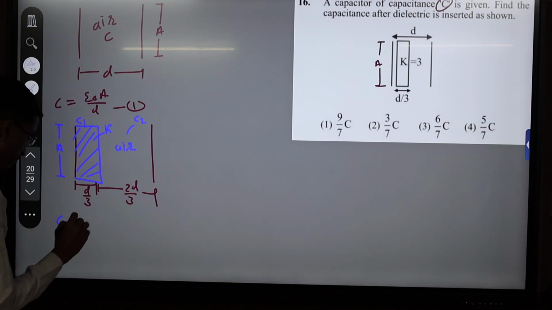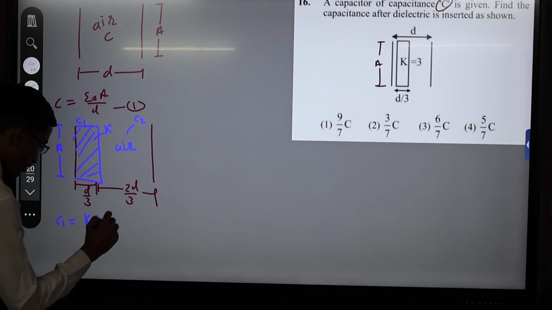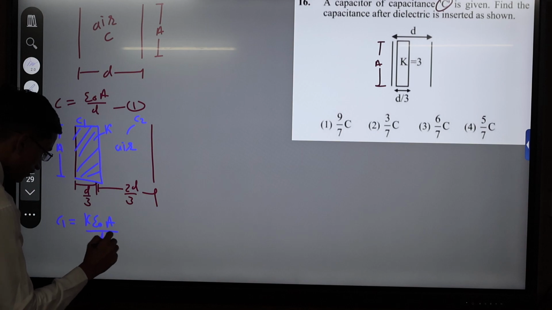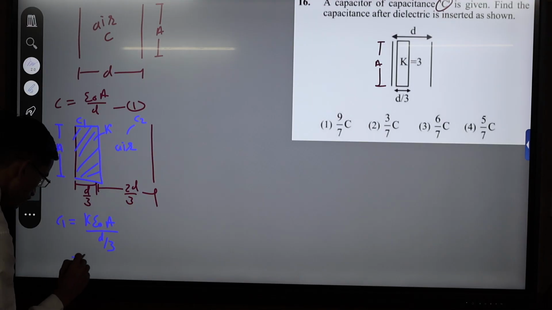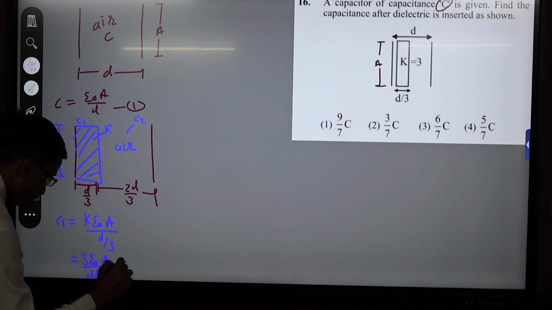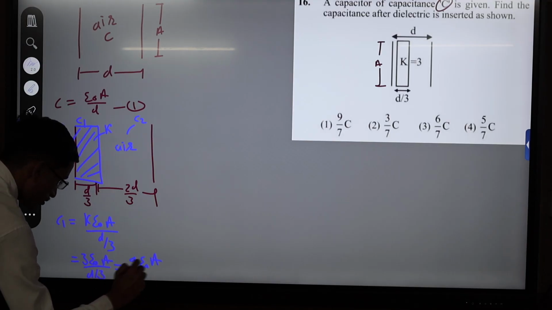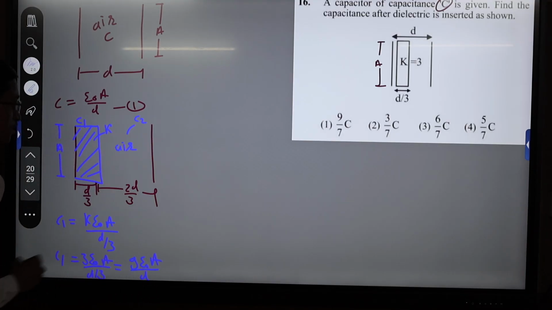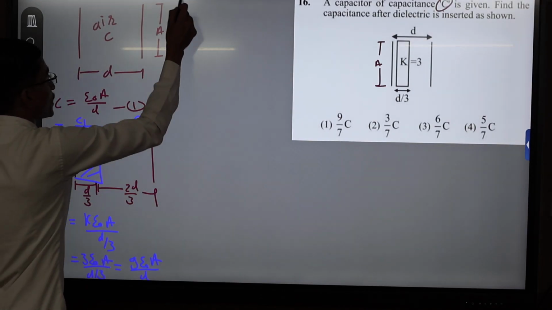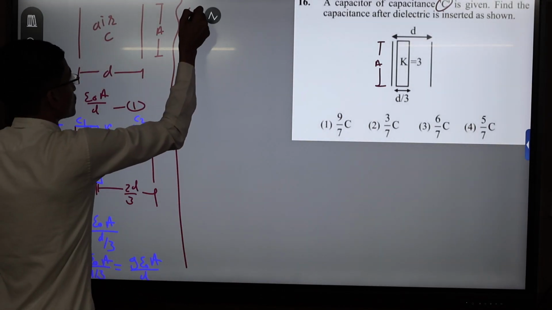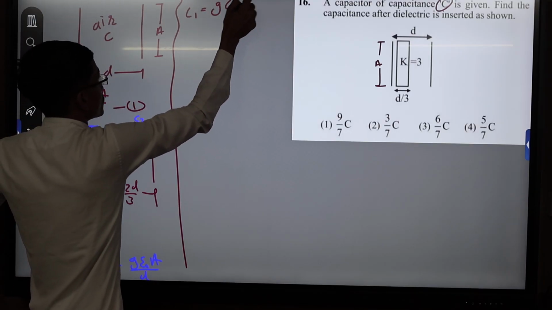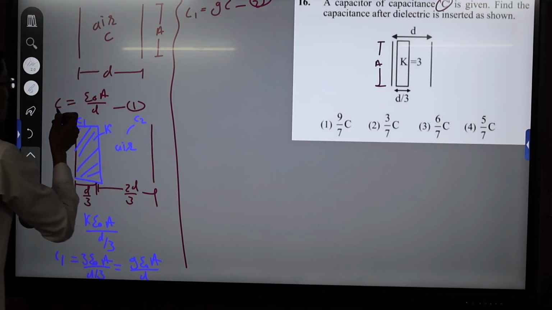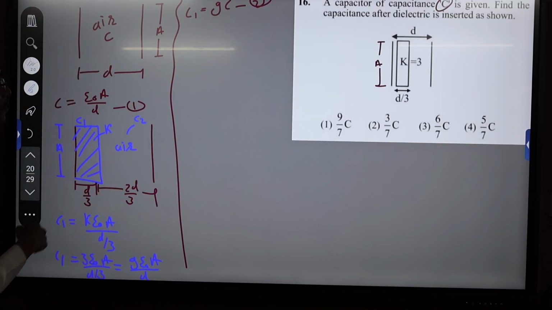So C1 will become K times epsilon A and thickness is d by 3. The value of K is given as 3. So 3 epsilon naught A upon d by 3. 3 into 3, 9 epsilon A by d. So we can write C1 is equal to 9 into C, because we consider C as epsilon A by d.